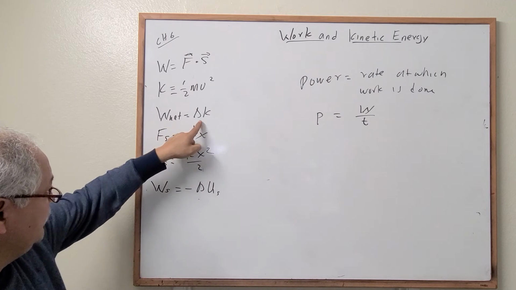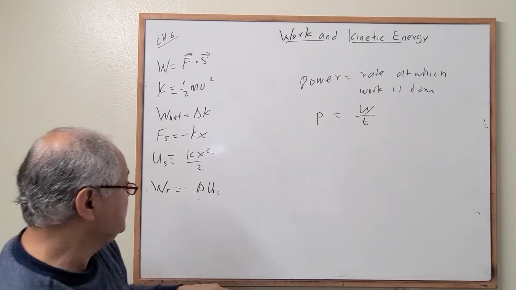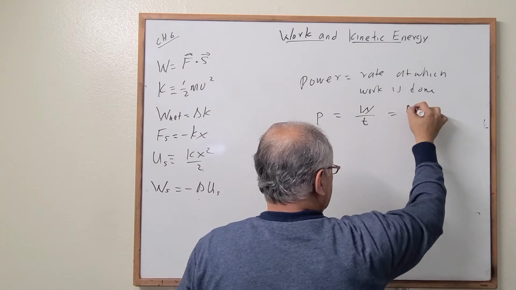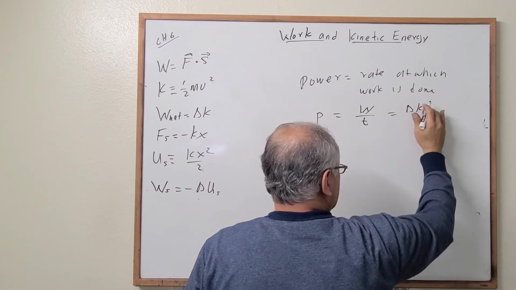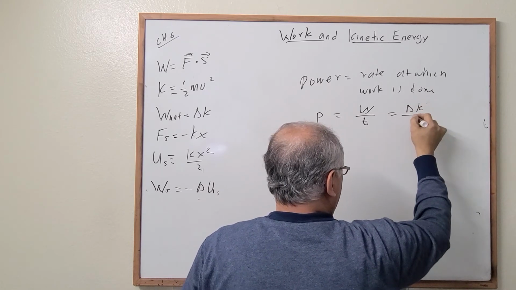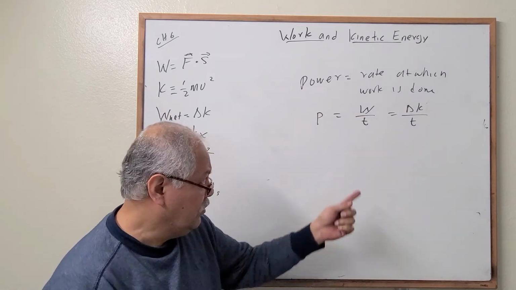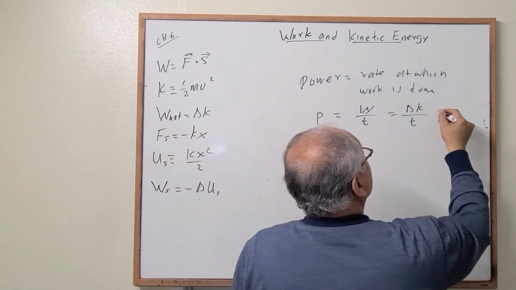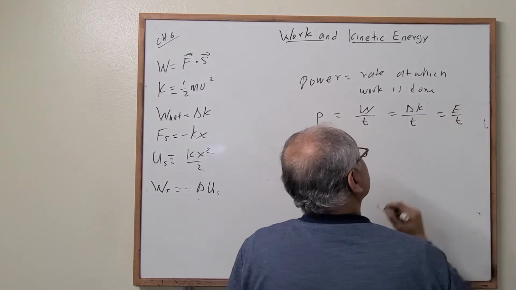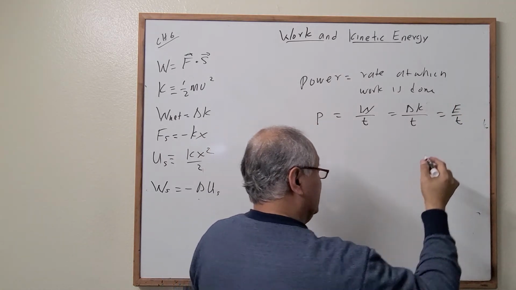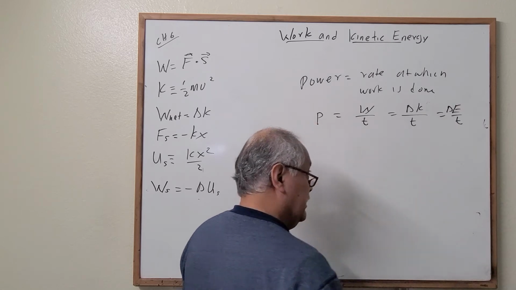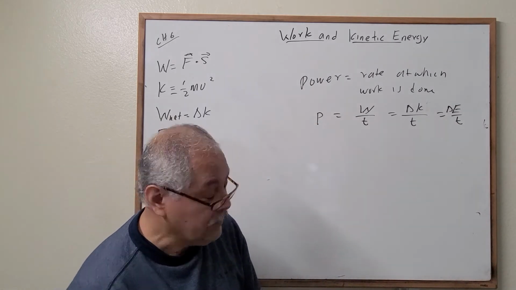Also, work is equal to what? The change in kinetic energy, correct? So we can say power is also equal to the change in kinetic energy divided by the time. So we can use this equation. Sometimes we use this quantity, energy divided by time, actually the change in energy divided by time. The same idea, correct?